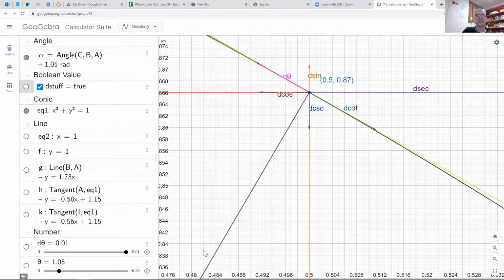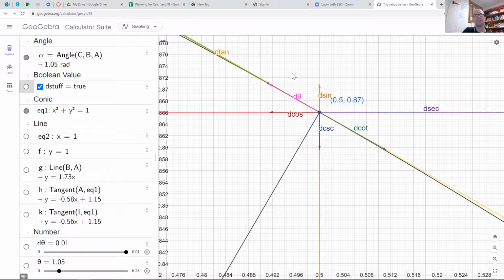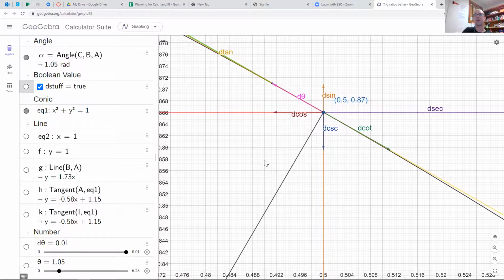So the angle changes by d theta, the arc around the circle changes by d theta. And just that little nudge gives us a bunch of changes in the cosine, sine, everything else. Notice that in this first quadrant, when you nudge this point ahead by d theta, your x value becomes less. And so the d cosine, this differential, points left in a negative direction.